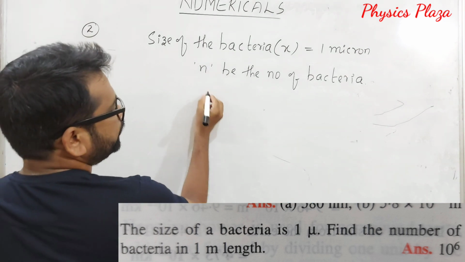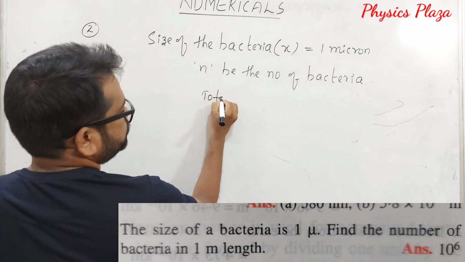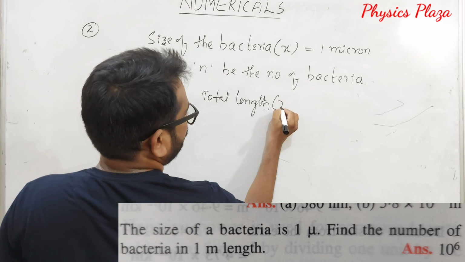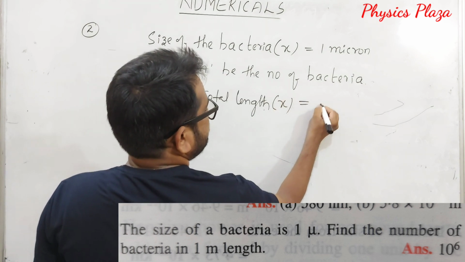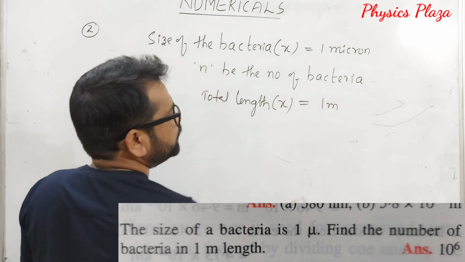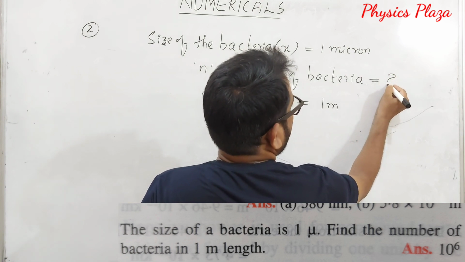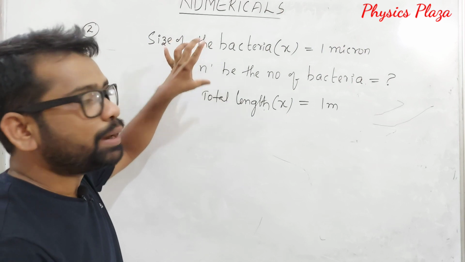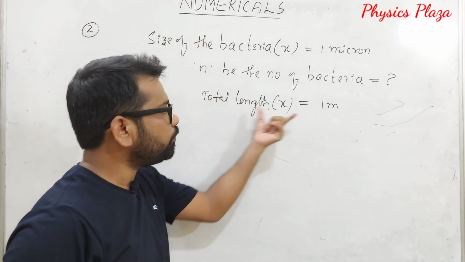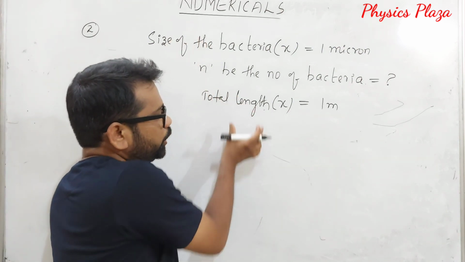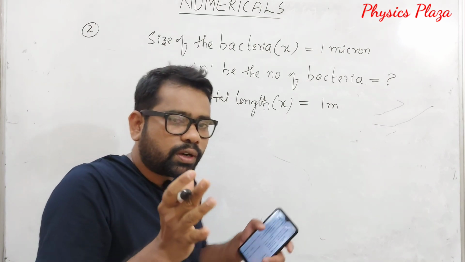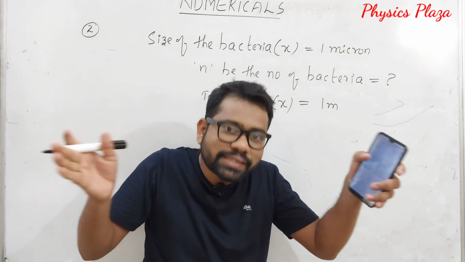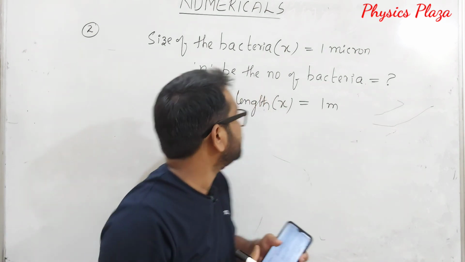So it is the total length. Let us say the total length X is given as 1 meter. This we have to find out. How to find the number of bacteria in the length of 1 meter? Total length means, if you arrange all bacteria in order, you will get some length X. How can you get that?